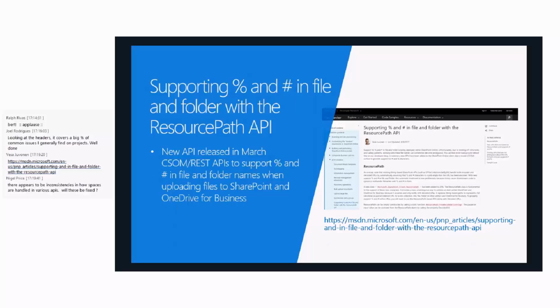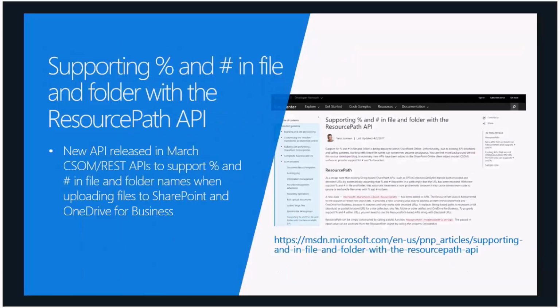Now, the problem with these changes related to percent signs and spaces in file names in these APIs is that we want to minimize the probability of breaking anything. If we just made a change to an existing API, saying we changed this to behave in a certain way, it might actually break existing deployments.